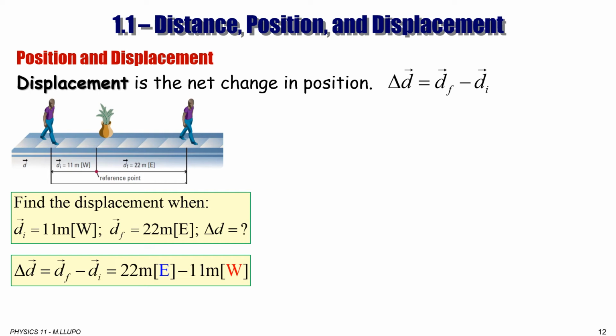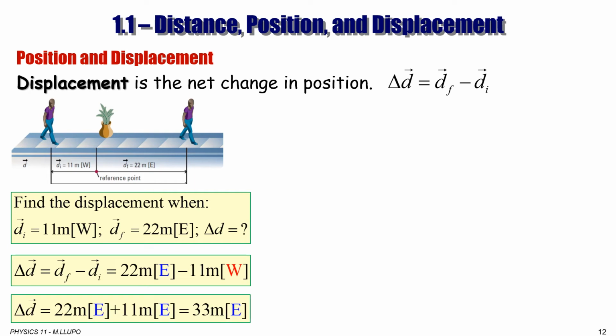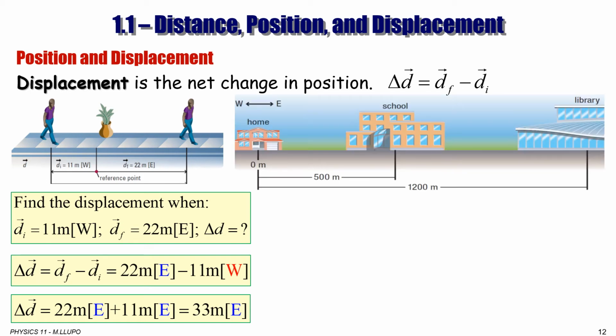It will make more sense to change negative to positive, so that's what we do. We leave 22 meters east, and we change 11 meters west to 11 meters east by changing the sign from minus to plus. Now we are ready to add them up. 22 meters east plus 11 meters east is 33 meters east. Here is an example.